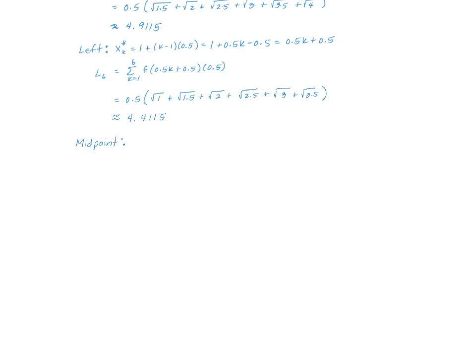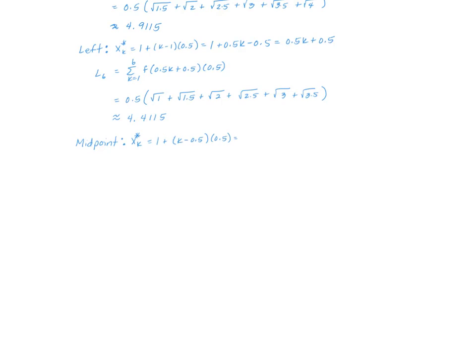So when I figure out my x sub k star, it's going to equal 1 plus k minus a half, but I'm going to write a half as 0.5, easier for me to put in my calculator, times delta x, which is 0.5.